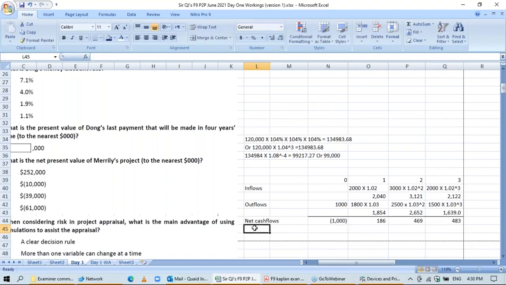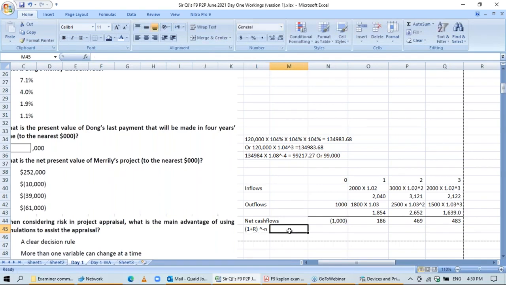Then we will multiply this with the discount factor, which is 1 plus r to the power minus n.